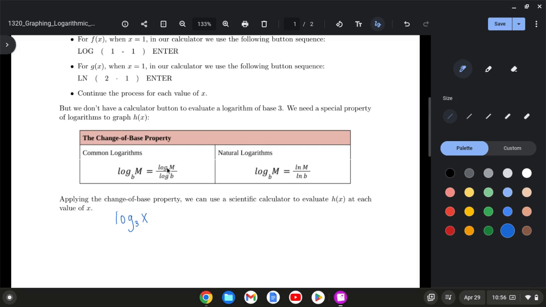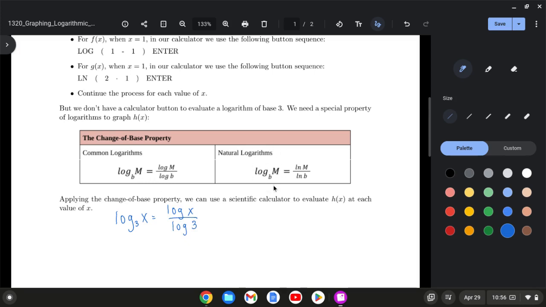When you rewrite this in terms of our common log, you're going to have log of whatever we're evaluating the log of divided by log of our original base. So if I were to rewrite this, it would be log of x, because that's what we're evaluating at, divided by the log of our base, which is 3.